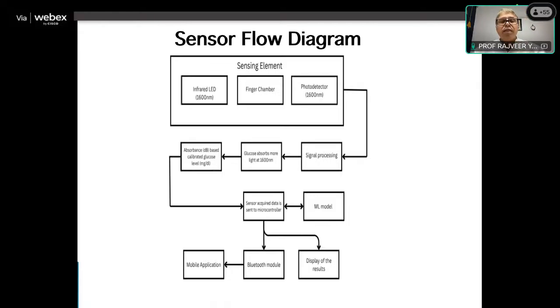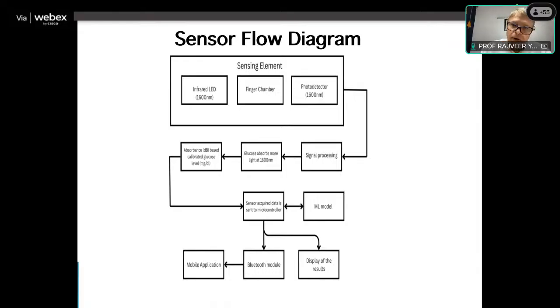Now, this is the complete flow diagram which will spell out each bit of how the device can be developed. So there is a sensing element. Again, the sensing element will have a finger chamber similar to an oximeter. That will have a 1600 nanometer LED. What the LED is transmitting, we will have the same wavelength photodetector.